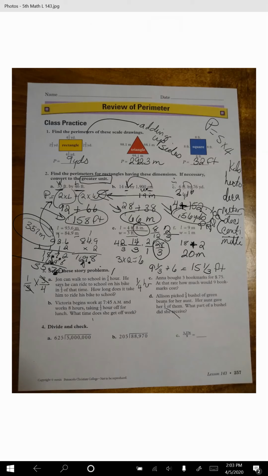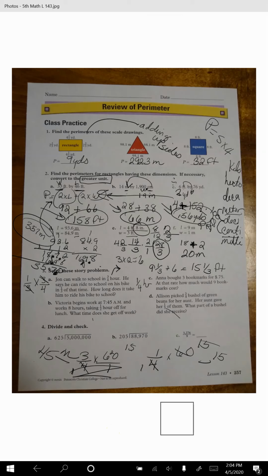Just by the way, how many minutes is 3/4 of an hour? Well, if you're not for sure in your head, you could do 3/4 times 60. 4 goes into 60 15 times, 15 times 3, 45 minutes it takes him to walk. 1/4 of an hour would be 1/4 times 60, which is 15 minutes.